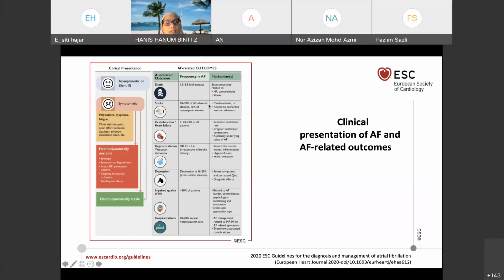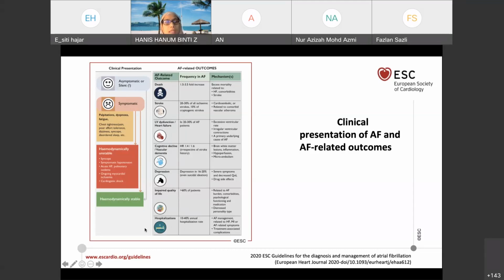Okay, so like I said, when you have stroke due to AF, it's called cardioembolic stroke. Okay, you are at increased risk of getting heart failure in about 20 to 30% of the patients. You are at increased risk of having vascular dementia, depression, impaired quality of life, and hospitalization.